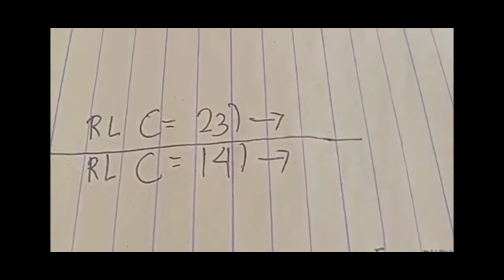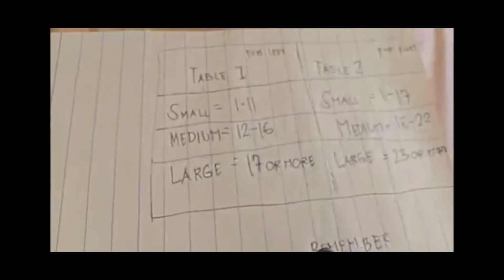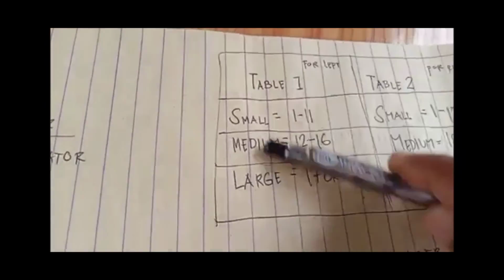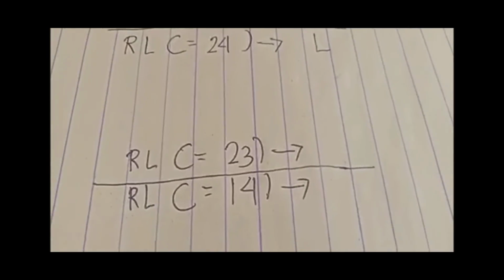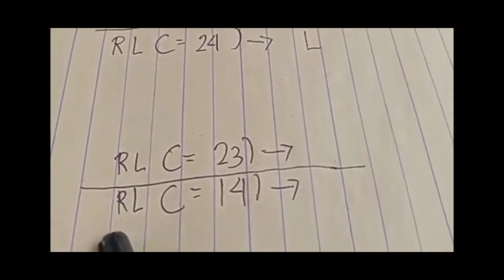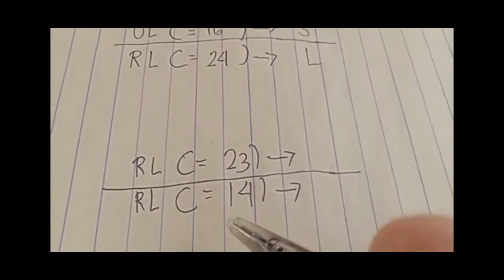The answer is, we will look for its symbol, but in table 1. Why? Because for them to be constant. So let us find its symbol. Let us start at the denominator. This is a radial loop that has a ridge count of 14.